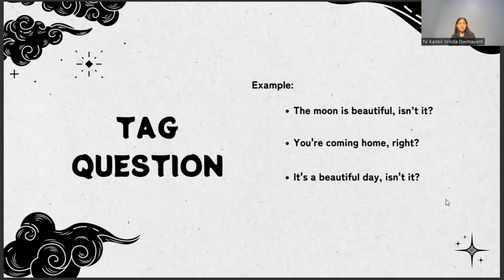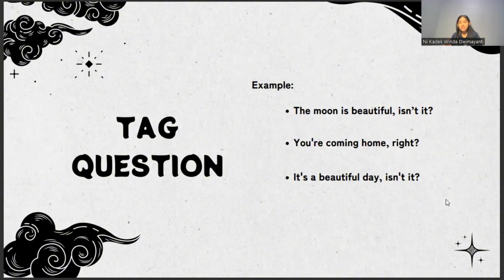For example, the moon is beautiful, isn't it? The context is two people who both see the moon, and the sentence uses falling intonation because the tone at the end of the sentence is dropped. The moon is beautiful, isn't it? This is the use of falling intonation.